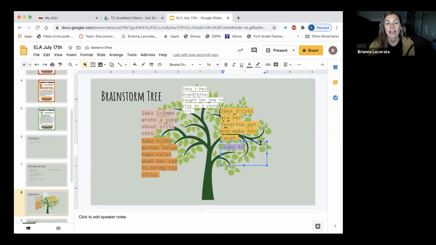And for idea number 5 here in purple, we'll finish it off by saying that Emma loves the guitar because it makes her think of her grandfather. So we can say, makes Emma think of her grandfather. Perfect. I'll put this up here for you.